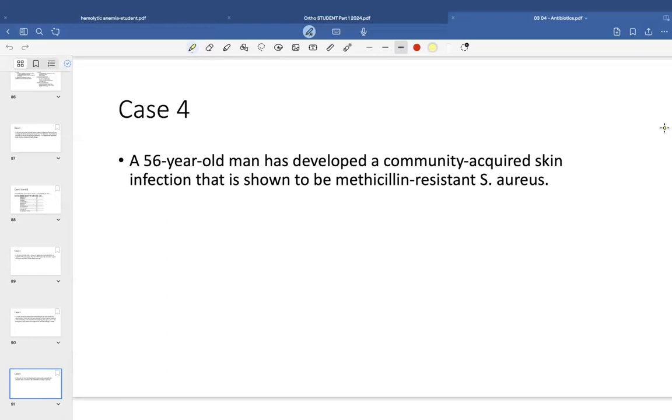So we use agents that clear excess uric acid, obviously hydration, and we may then have to address things like elevated potassium.